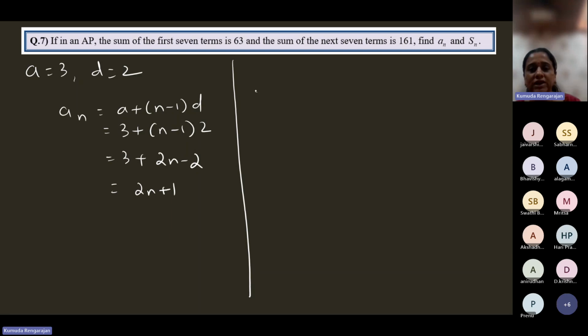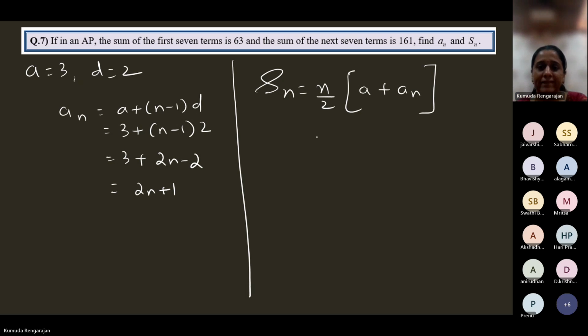Then we'll have to find SN. For SN you can use either of the two formulae. If you use N by 2 of the first term plus the last term, N is N because it's Sn, so it is N by 2 of the first term, 3, plus AN, the nth term, which is 2N plus 1.